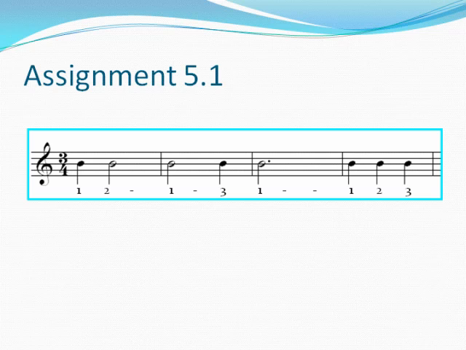You should already have knowledge of what the meter signature is and what it means. So in this particular example, you will see that every measure should have 3 beats in it. And if you saw this on your paper on assignment 5.1, there won't be any counting in that. That's what you're going to do. But I'm going to go over the counting on this example with you right now.